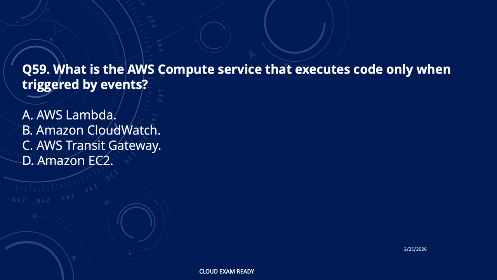So we have two options for compute service, option A and option D, AWS Lambda and Amazon EC2. But they want to execute code only when triggered by events. So the correct answer for this is option A, AWS Lambda.